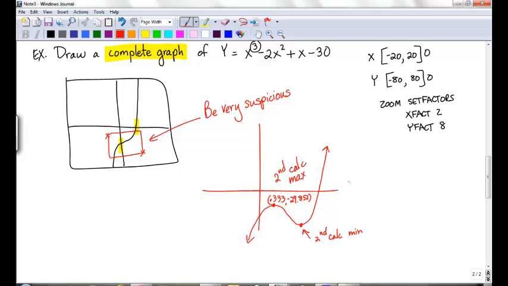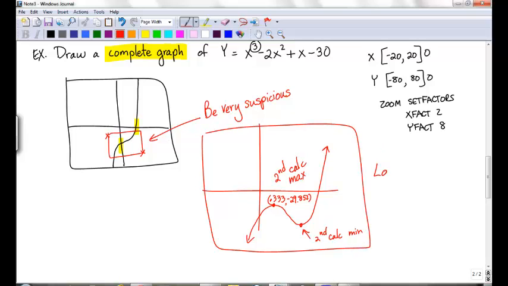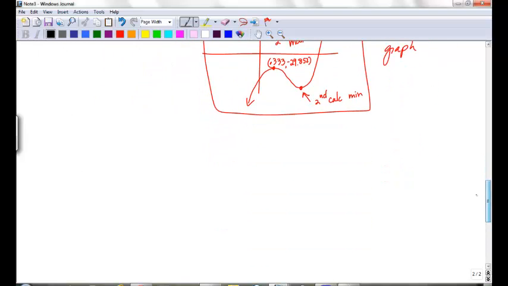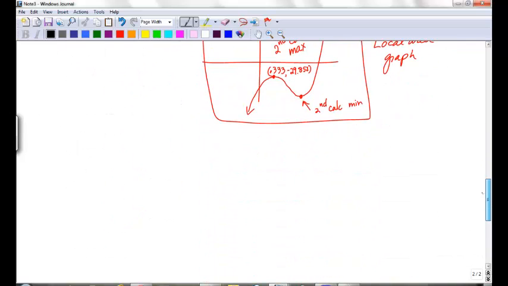Okay? And this whole thing is called the local area graph. Okay? And we did zoom box on that. Okay? Okay, I want to give you one more example. What number was that? This same directions.